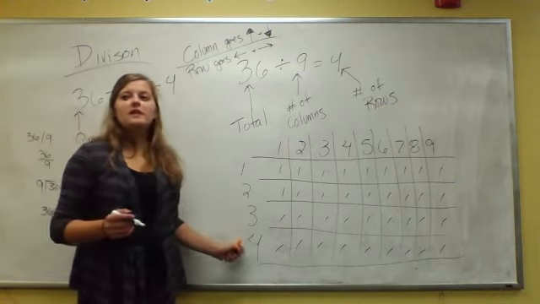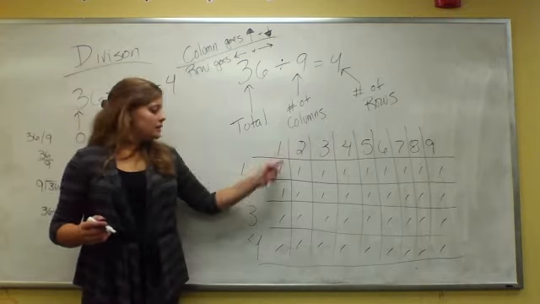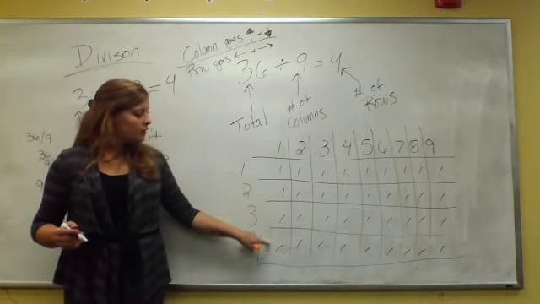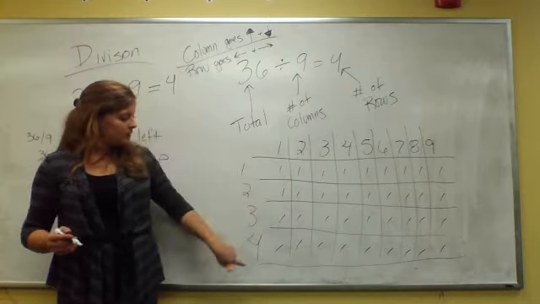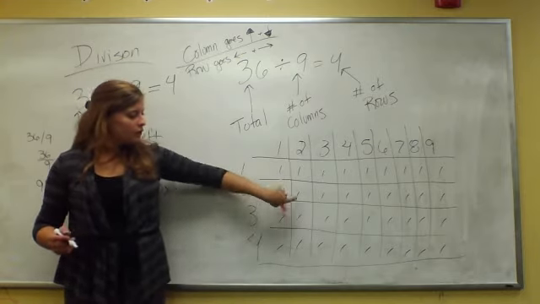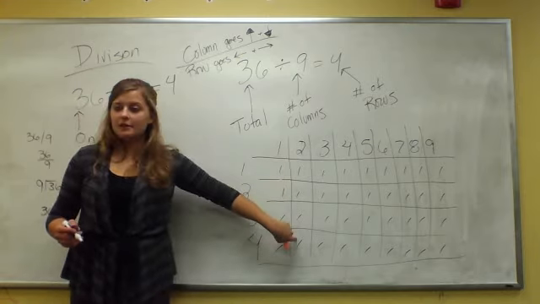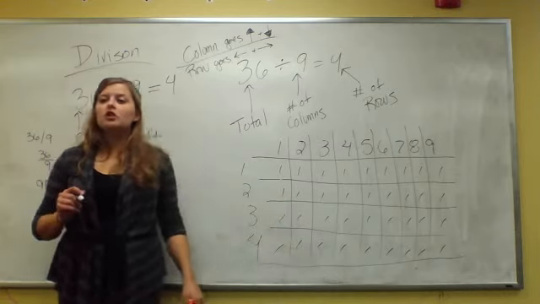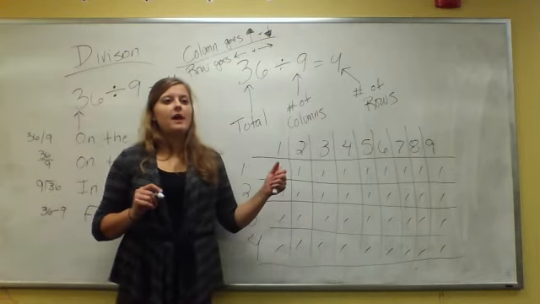When you're multiplying, this is what you're doing. 1 times 4 is 4. 2 times 4, 1, 2, 3, 4, 5, 6, 7, 8. That's what you're doing. So when you divide, you have to go the opposite way.